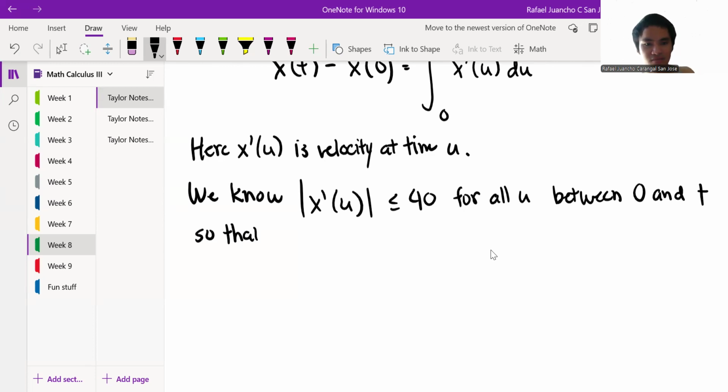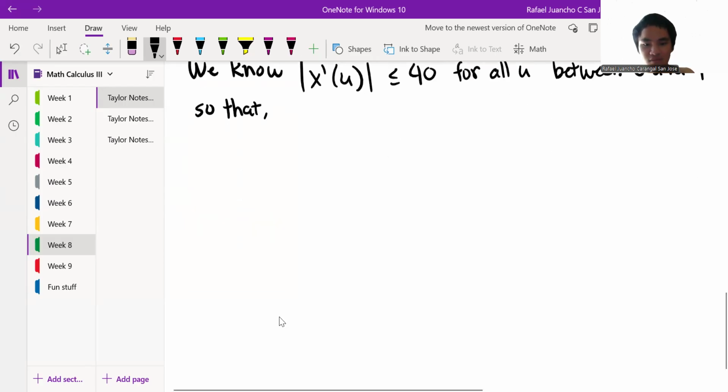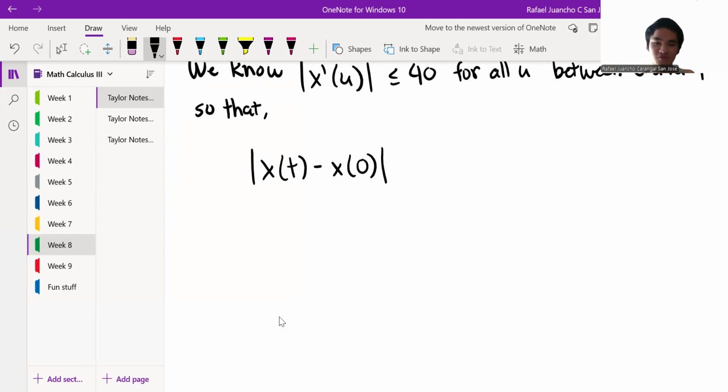So that, okay, here's where we go into it. We're saying the absolute value of the distance and the initial starting point, when the car is literally at the office, is actually just the absolute value of this integral.